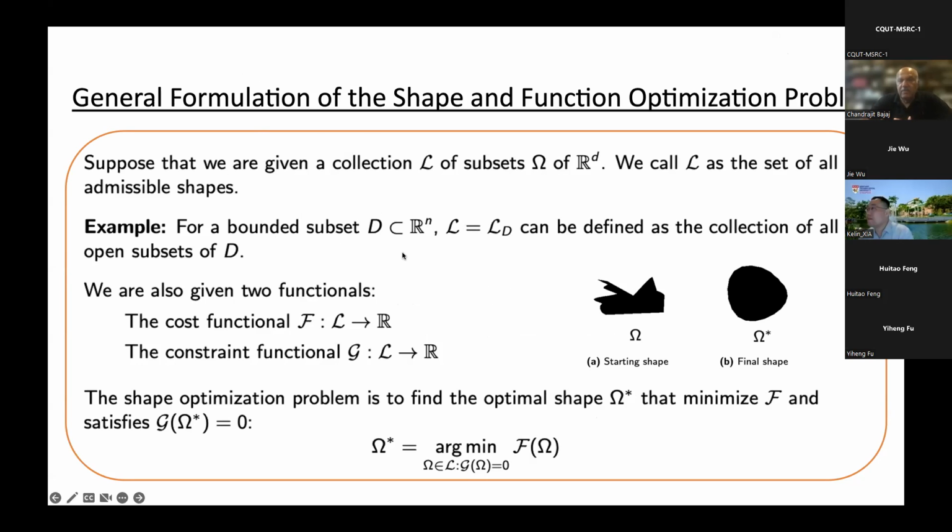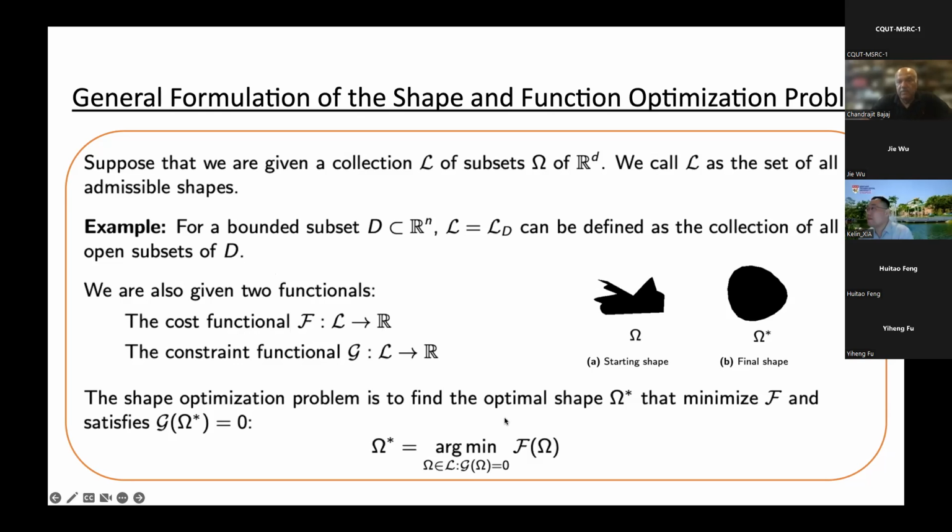For any bounded subset, this can be the collection of all open subsets of D as well, because for some shapes we are interested in the interior and not so much with respect to their boundaries. There are also two functionals that are given, which are the objective of the optimization. One is the cost functional, and the other is a constraint functional.